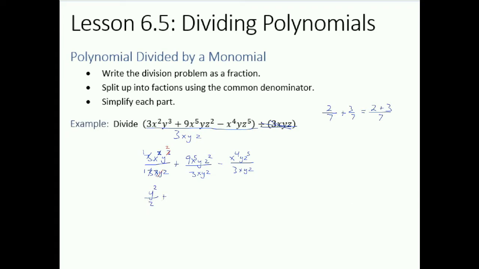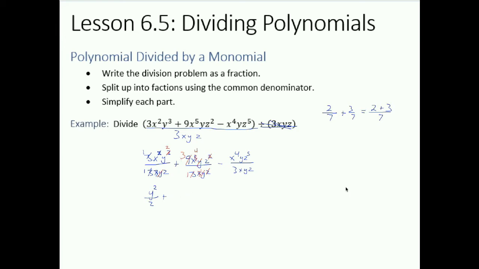Coming to this next term, 3 goes into 3 once and 3 goes into 9 3 times. x to the 5th over x cancels with one of these to become x to the 4th. We also can think 5 minus an exponent of 1 is 4. y simplifies with y, and z squared simplifies with z, and so we're just left with a single z in the numerator.